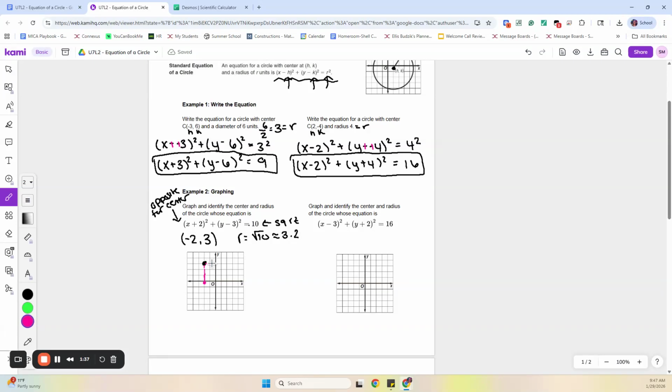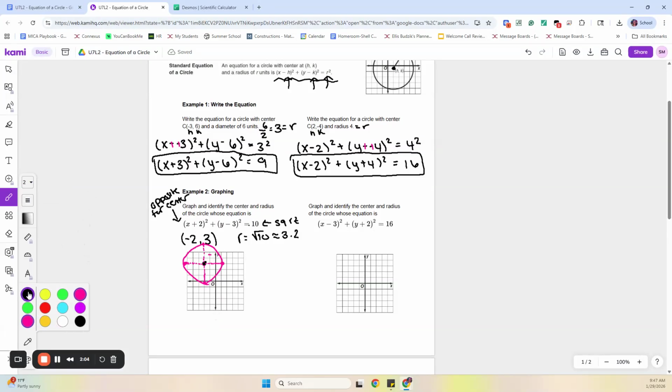I'm going to go over 1, 2, 3, and then just a little bit over. And then same thing going up, 1, 2, 3, and then a little bit over. I'm kind of off. And then 1, 2, 3, and a little bit over. And then I'm just going to make my circle the best I can. It's not going to be perfect since I'm hand drawing this, but that's going to be our circle.